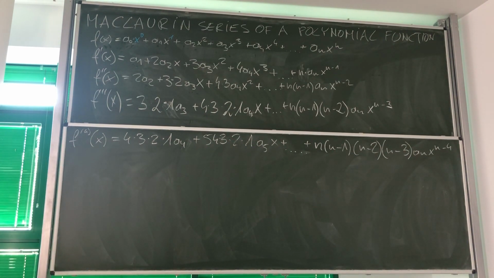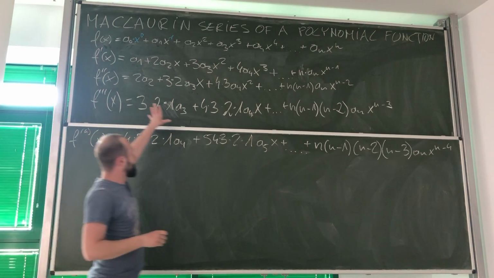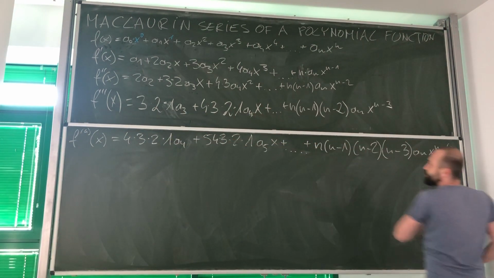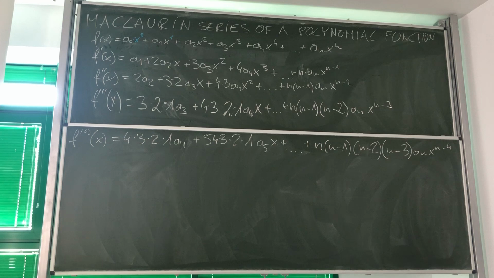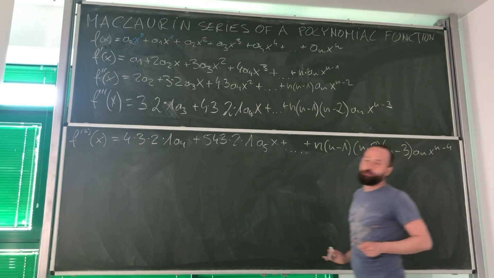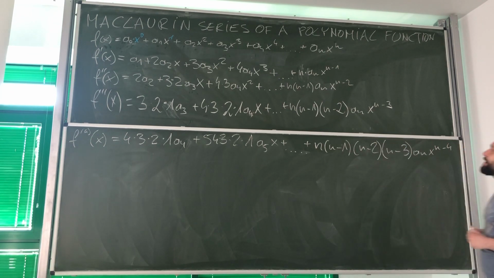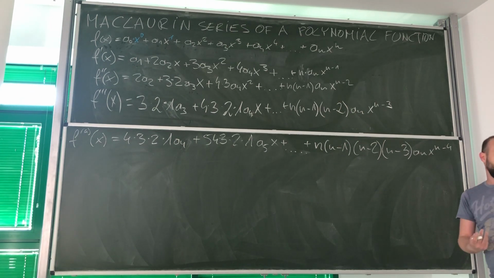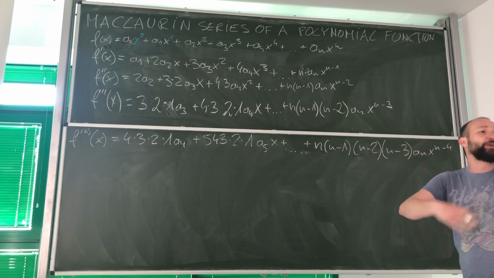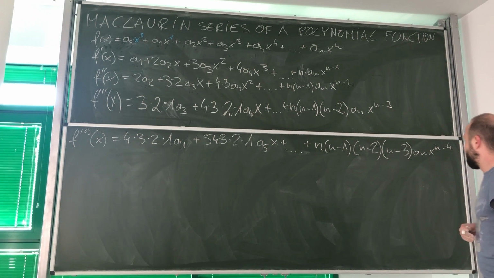Okay, I hope you can notice what is happening. There are two things that are important. First, we are losing components that are associated with the constant, and of course, with every differentiation, we get one more new constant, right? It's going to be gone in the next differentiation.